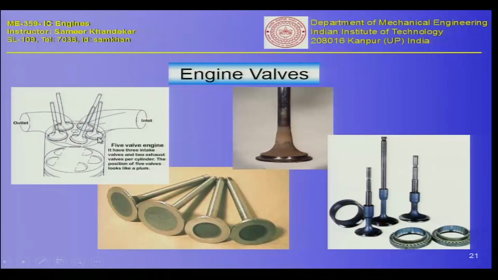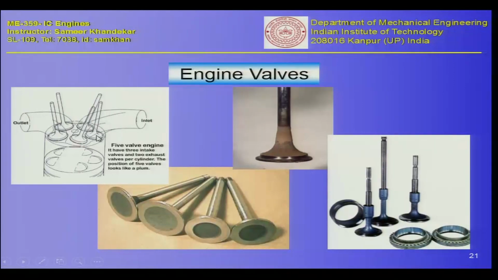And you can also see, interestingly, the depressions on the piston, so that this piston can go all the way up, and when the valve opens, the bottom portion of the valve can actually rest here. So you can reduce the volume of the combustion chamber by creating these depressions, so that this piston can go all the way up.